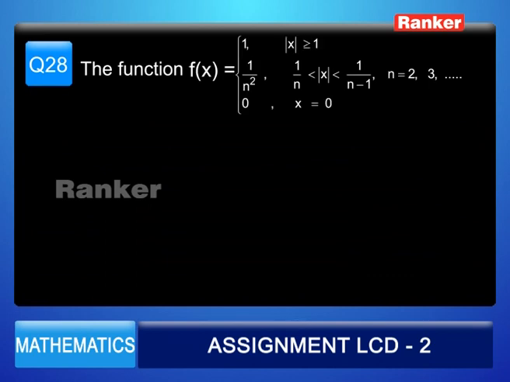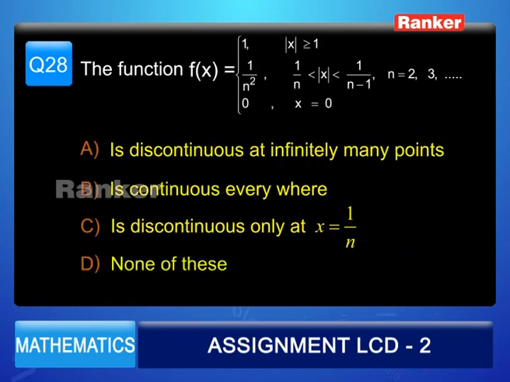Next question. The function f of x is equal to 1 if mod x is greater than or equal to 1, 1 by n square when mod x lies between 1 by n and 1 by n minus 1, and 0 when x is equal to 0.